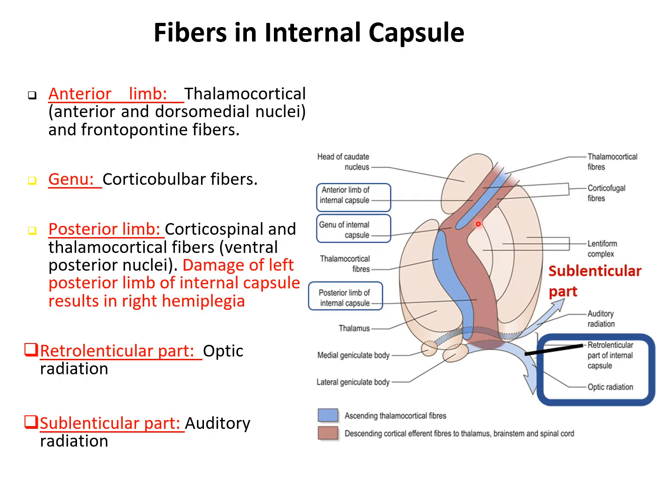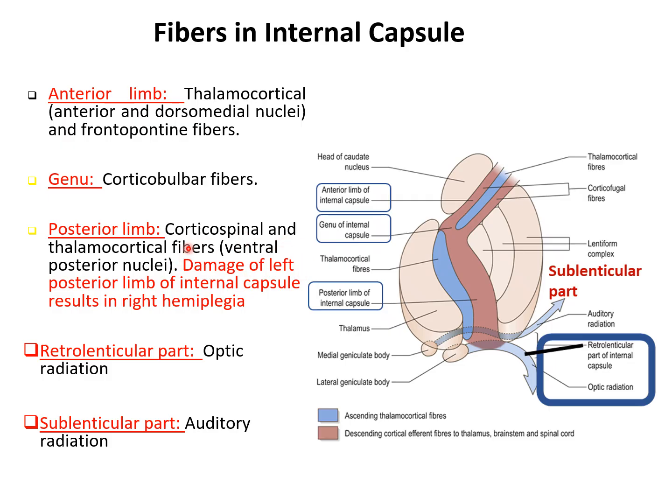Fibers in the anterior limb of the internal capsule are called thalamocortical fibers and frontopontine fibers. Fibers in the genu of the internal capsule are called corticobulbar or corticonuclear fibers, which descend to the nuclei of cranial nerves controlling the muscles of the face, pharynx, and palate. The posterior limb contains corticospinal fibers and thalamocortical fibers, which could be descending or ascending.